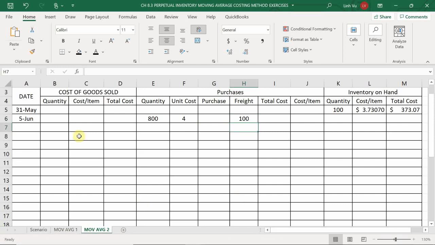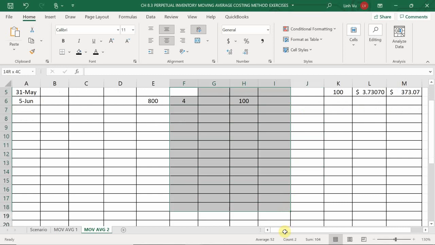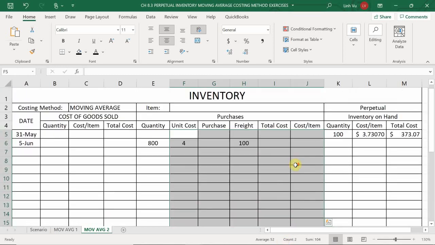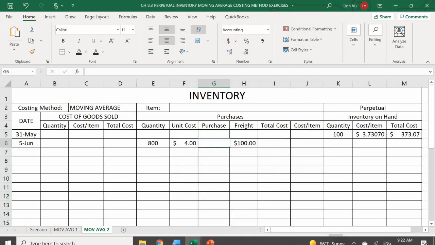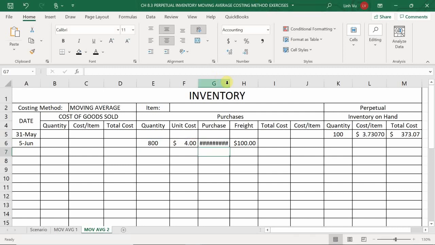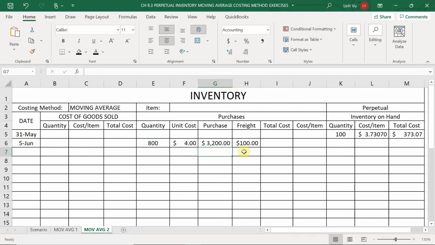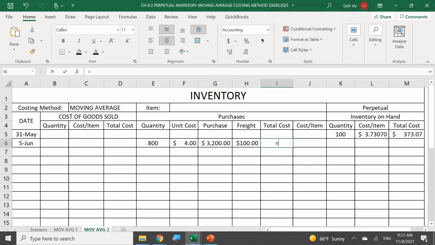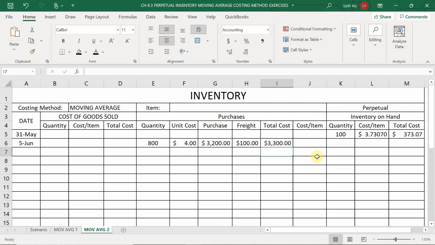What is going to be my total purchase price? Now 3,200. 3,200 plus 100, 3,300. Good.